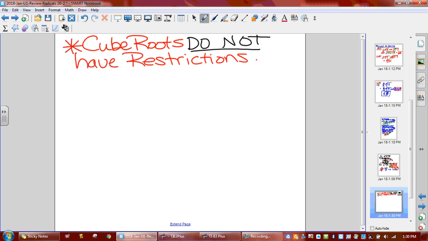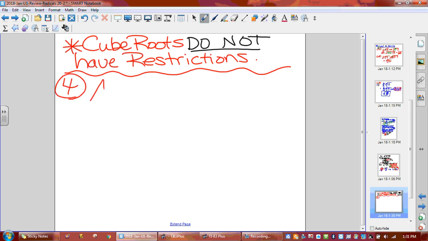Next, we are now going to add and subtract them. So, is this number 4? Yep, okay. Adding and subtracting radicals.